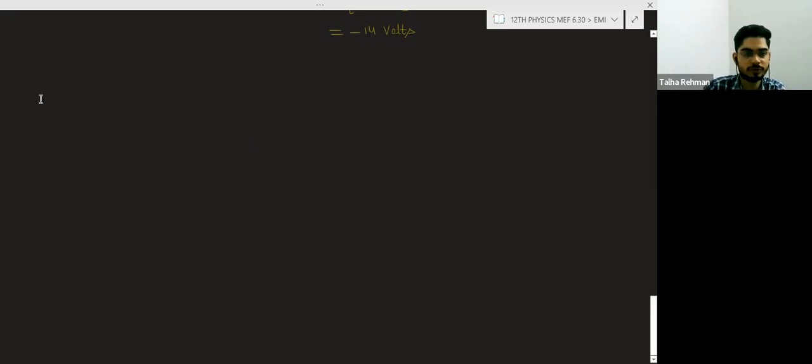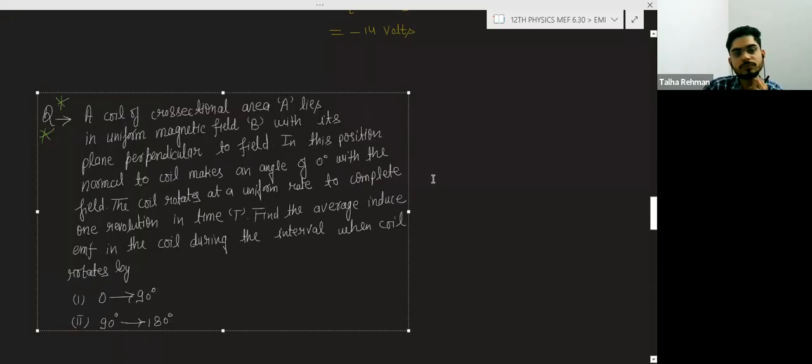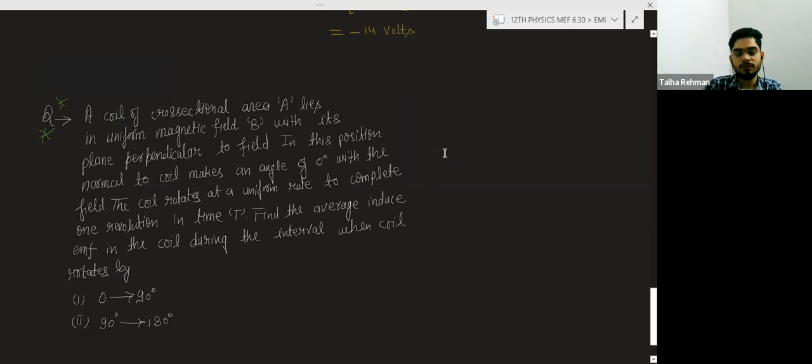So we will solve this question now. They are saying a coil of cross section area A lies in a uniform magnetic field with its plane perpendicular to field.